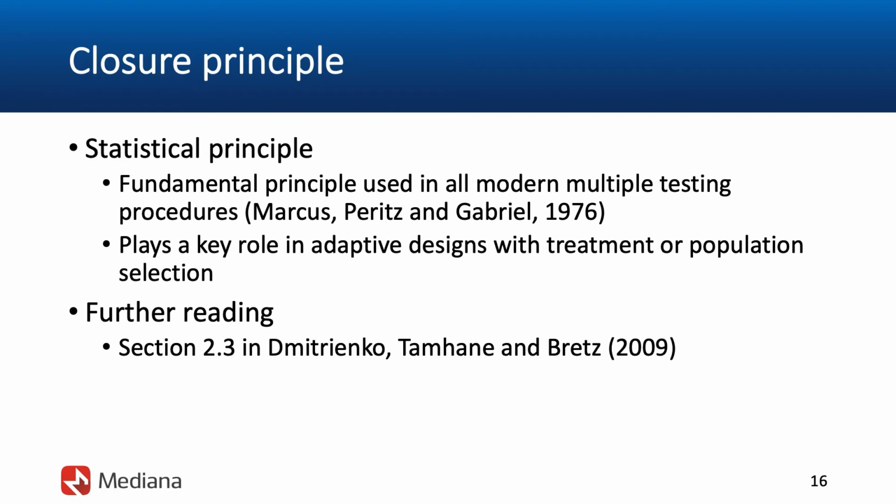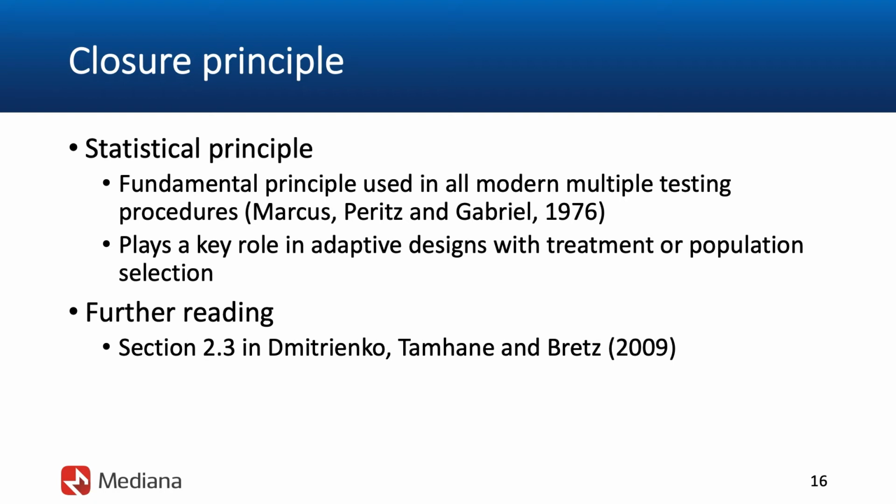And in this case, the combination function principle would not be sufficient for this class of adaptive designs. To address alpha inflation, we will need to invoke the closure principle. And the same logic would apply to adaptive designs with population selection that we will talk about in part 9.